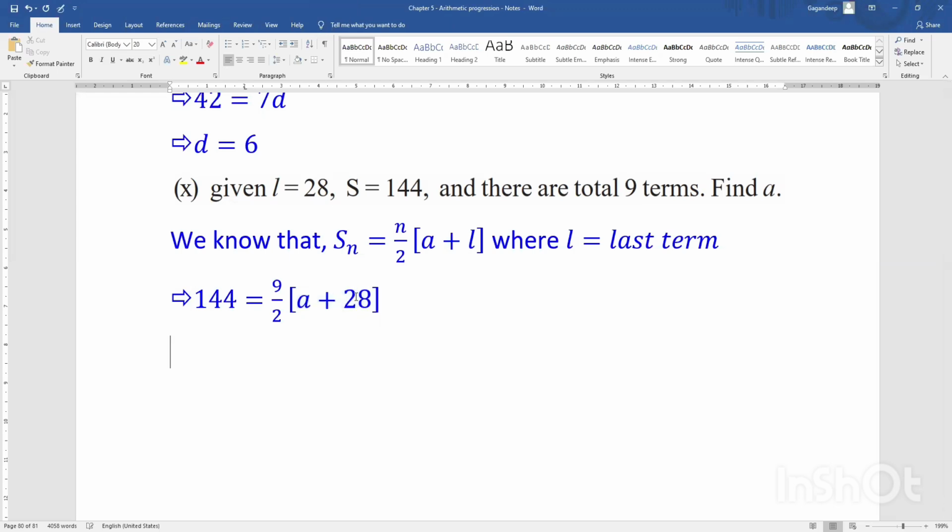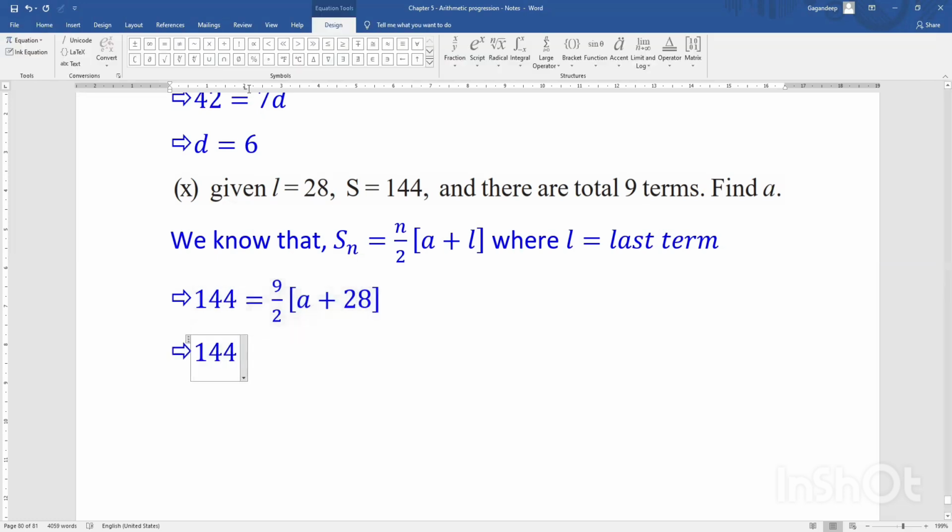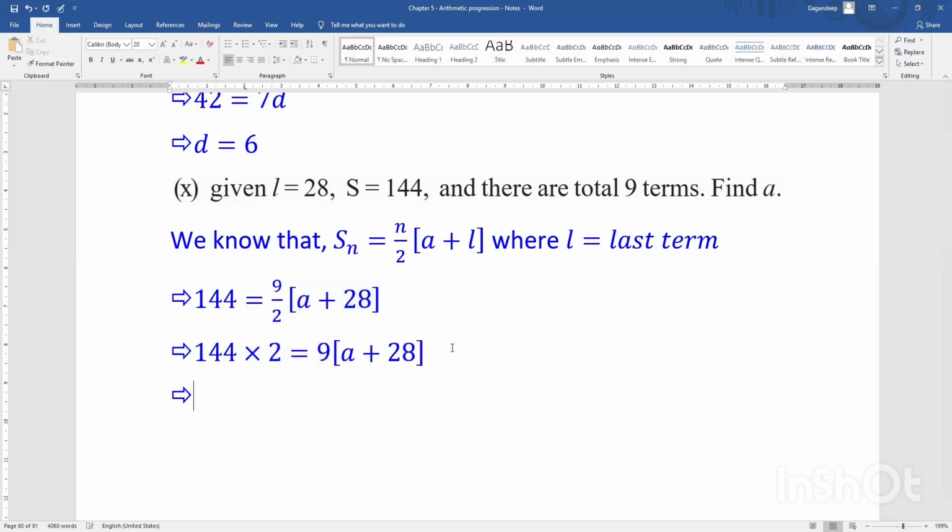Or I can write it as 144 into 2 equals 9, bracket open, a plus 28. Or I write it as 144 by 2 divided by 9.